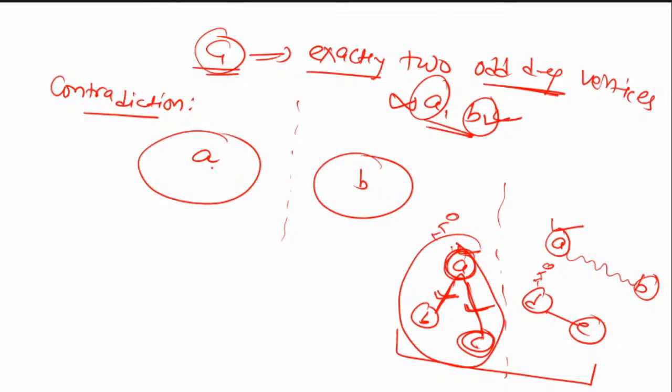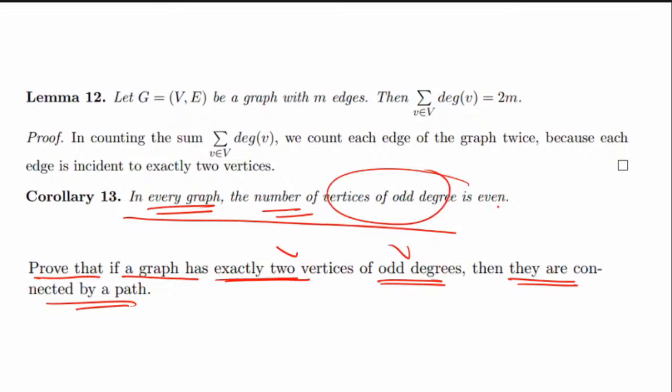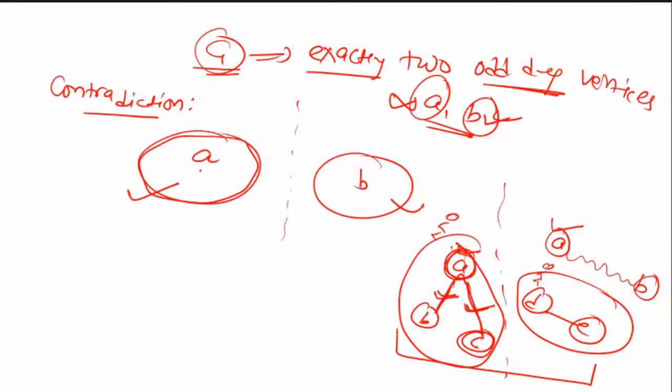So the theorem should apply to it: in every graph, the number of odd degree vertices must be even. But you can see in this graph there is only one odd degree vertex, so the number of odd degree vertices in this graph is odd.